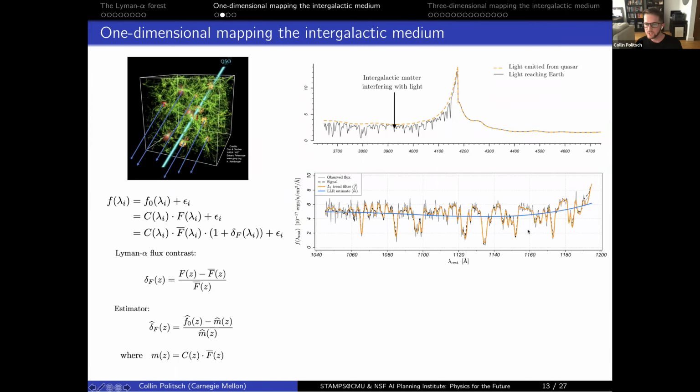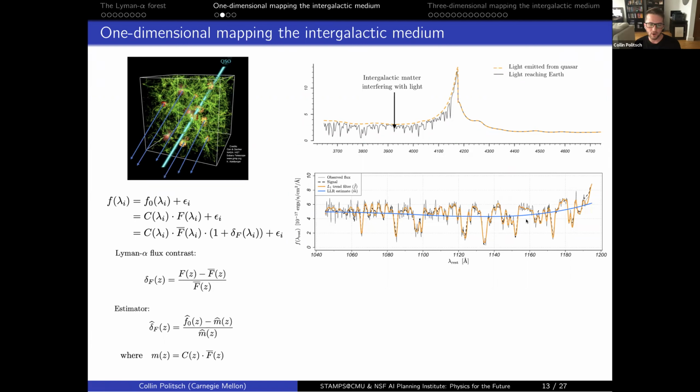This is an illustration on a simulated spectrum of exactly this one-dimensional mapping method. Given a one-dimensional Lyman alpha forest, first we denoise it with this orange nonlinear estimator, which is trend filtering. Then we take a lowess estimator, very smooth, and the bandwidth is optimized based on simulated data. If you want, you can ask me for details later.